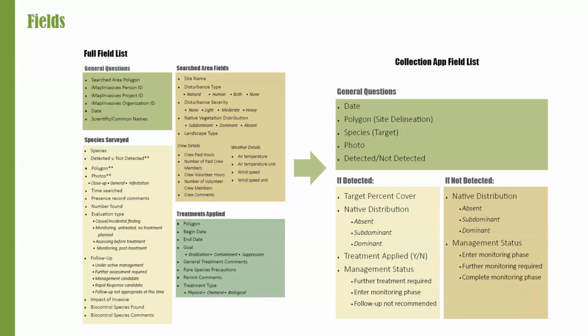So on the left, you can see a pretty comprehensive list of all the possible fields you could fill out. And what we wanted to do was trim that down to what I call the standardized bare minimum. What can we get away with if we only collect this data? We can come back later and use that to analyze the effectiveness of management. Something that would be quick and easy, more or less. So we filtered down to these fields on the right.